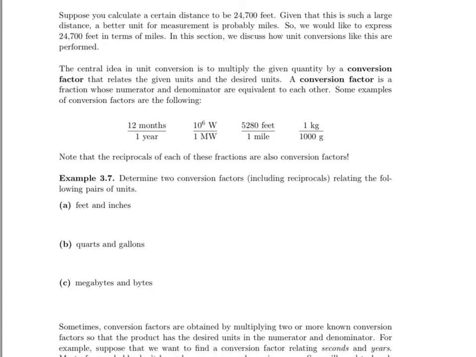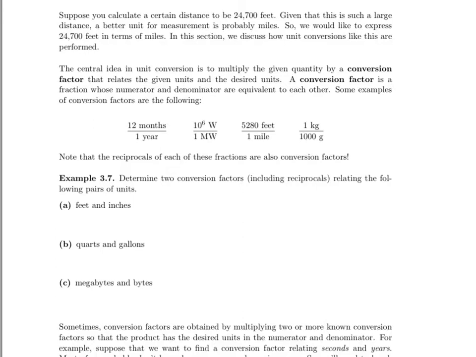In this example, for parts A, B, and C, determine 2 conversion factors, including the reciprocals, that relate each of the following pairs of units. So let's start by looking at A. We want a conversion factor that relates feet and inches. In order to find a conversion factor relating feet and inches, we ask the question, how many inches are there in a foot? We know that there are 12 inches in a foot, and our conversion factor would have to express that fact.